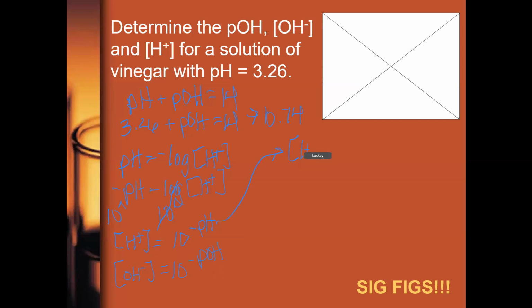We said that our hydrogen ion concentration is equal to 10 to the negative pH, which is the 3.26. When you plug that in the calculator, you get that our hydrogen ion concentration is 5.5 times 10 to the negative fourth.